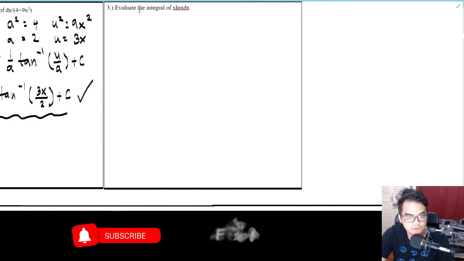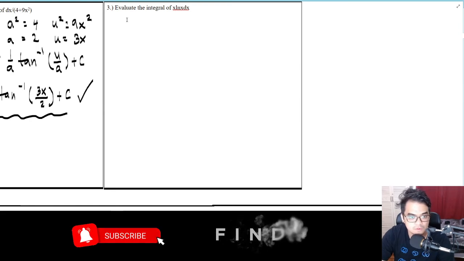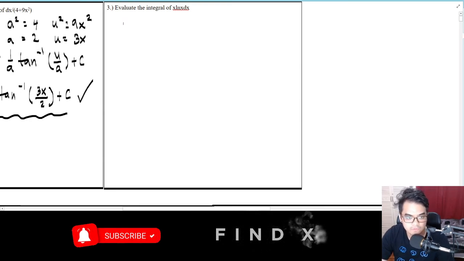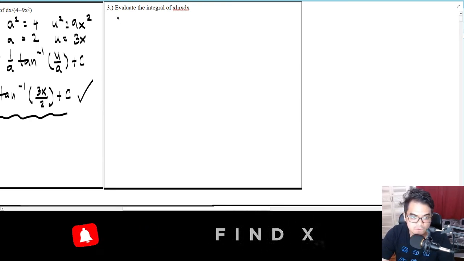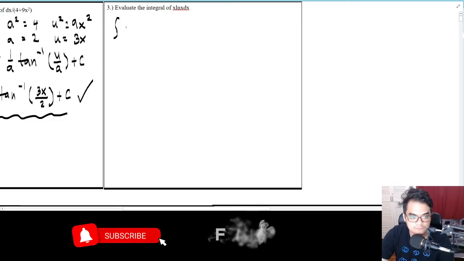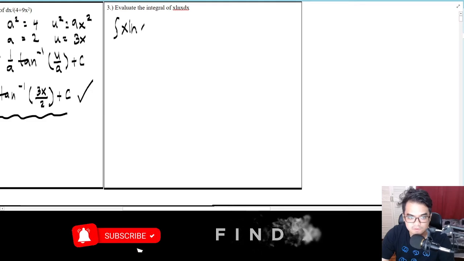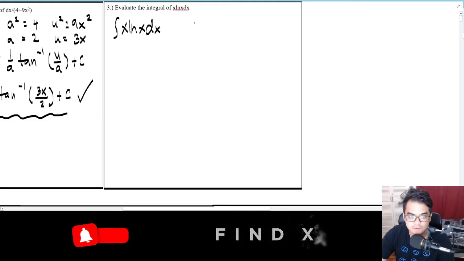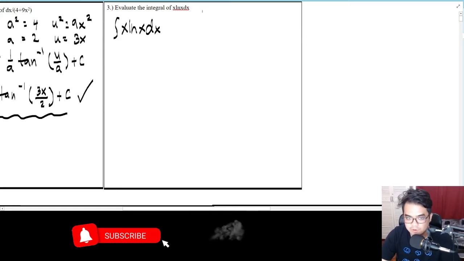Now we have number 3. Evaluate the integral of x ln x dx. The technique that you will be using here is integration by parts, or IBP.